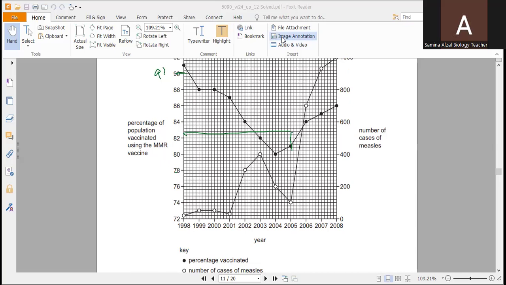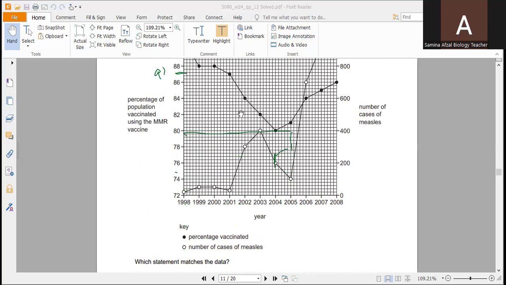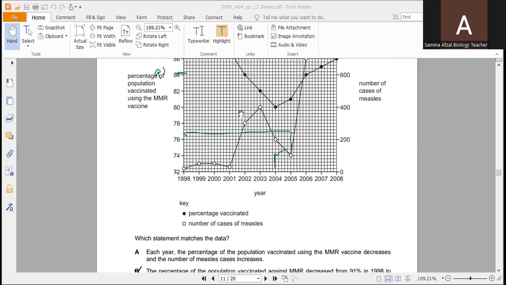We can see 2004 and 2008. So you can see there is a decrease in the vaccination rate in 2004, and again they increase the vaccination rate. And the number of measles cases increases from 2005 to 2008.